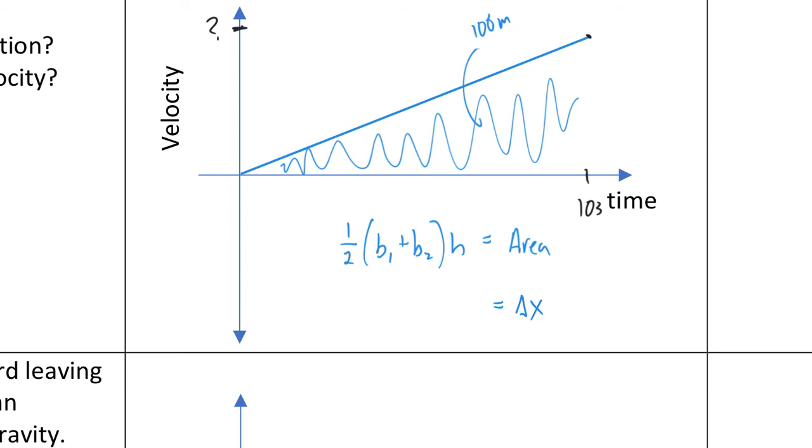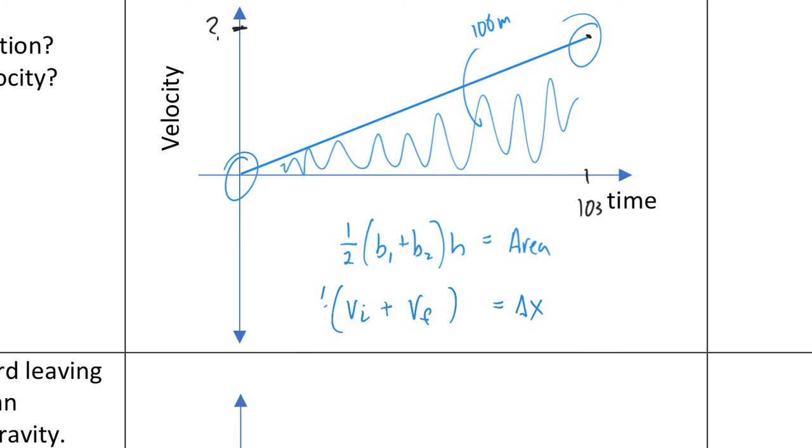And I don't have to draw that graph to know that base 1 is whatever the starting velocity was, and that base 2 is whatever the ending velocity is. I don't have to draw the picture to know that. I've seen the picture 5 or 6 times even today. So regardless of the way my trapezoid is presented, this is going to be V initial plus V final every time.